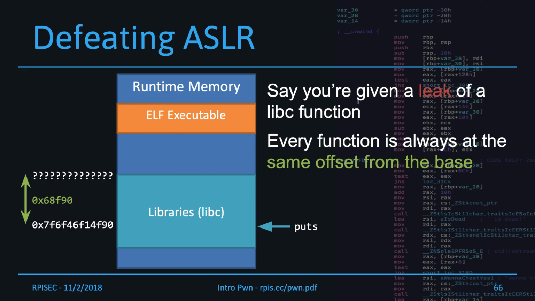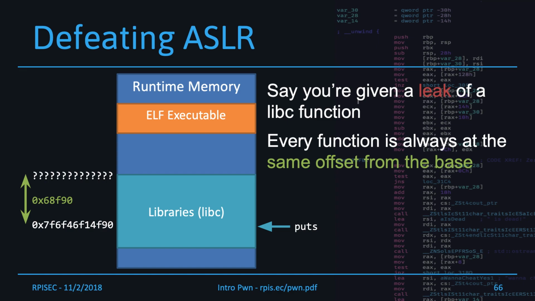Even though the address of libc might be random every run, the stuff within libc will always be at the same offset relative to the start of libc. If you think of libc, or any binary or memory region, as a chunk of self-contained code, it won't change.